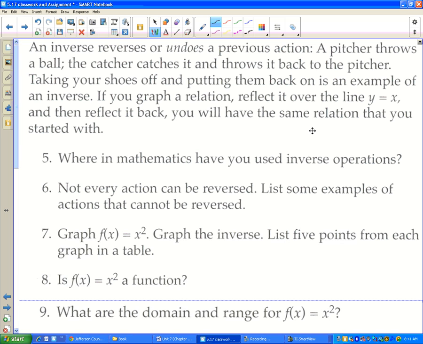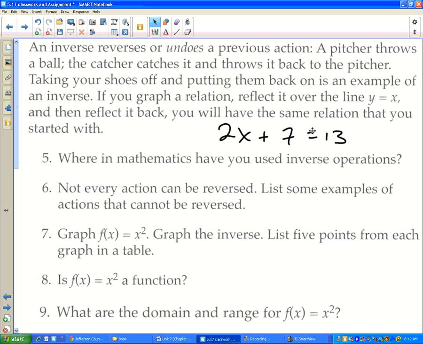If I give you 2x plus 7 is equal to 13, and I said to solve for x, what would you do? You would subtract 7 and divide by 2. What is subtracting by 7 and dividing by 2? Those are the inverse operations. That's what we're talking about here. When you subtract 7 and divide by 2, those are inverse operations.